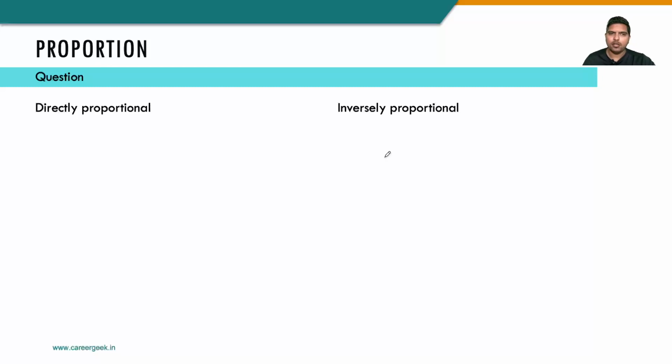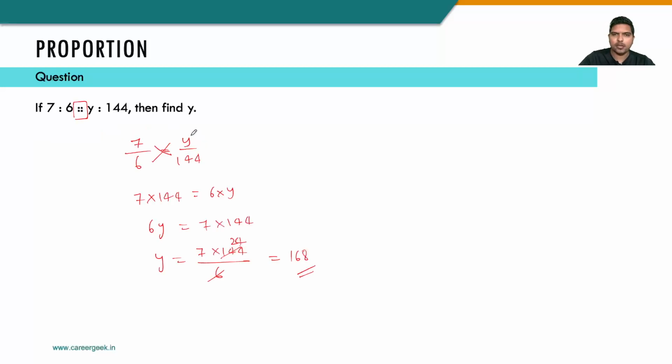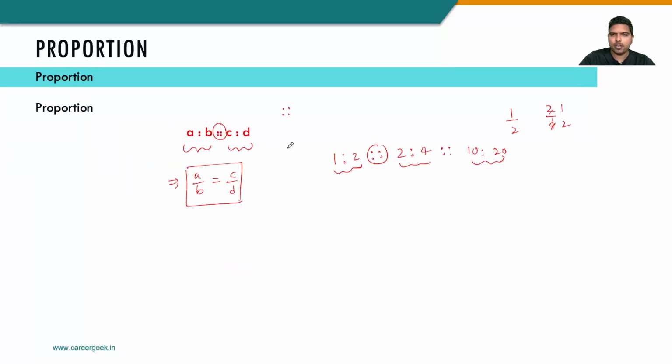Now, there are two types of proportions. Now, what is directly proportional? Let's say if two quantities A and B are directly proportional to each other. Okay, in the previous ratio we have seen that 1 is to 2 is in proportion with 2 is to 4, right?